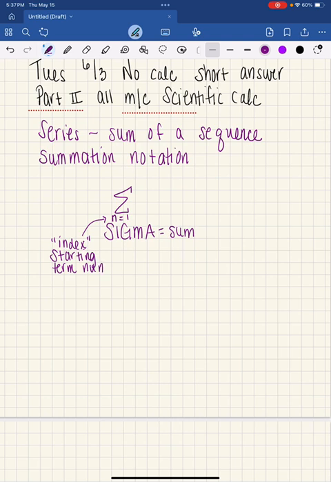Generally it's going to be 1. You start with the first number in the list. And the top number is going to be the ending term number. And then you're going to have this equation right here.